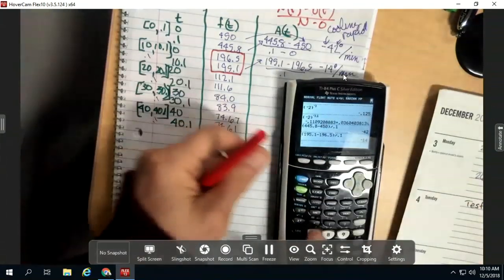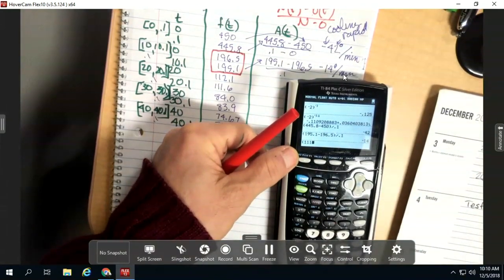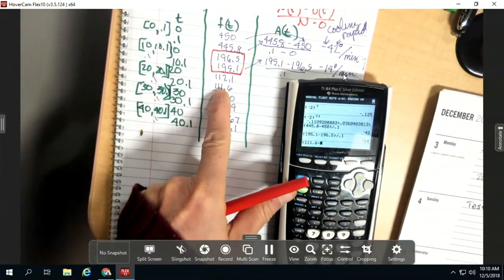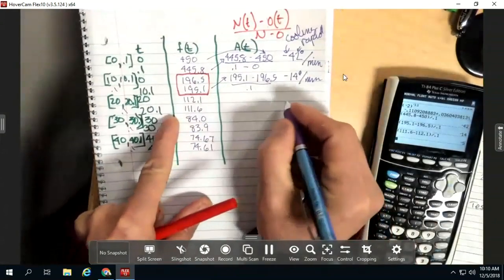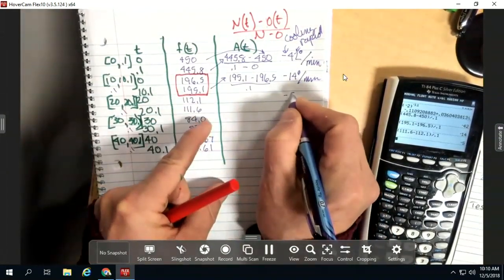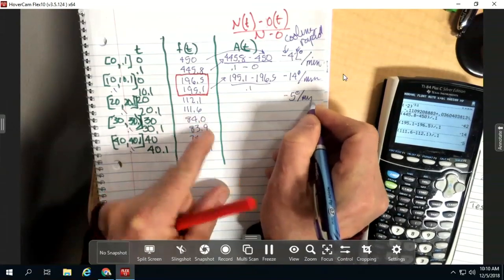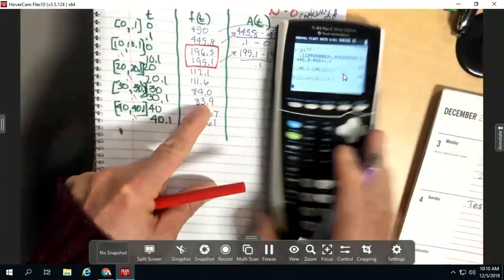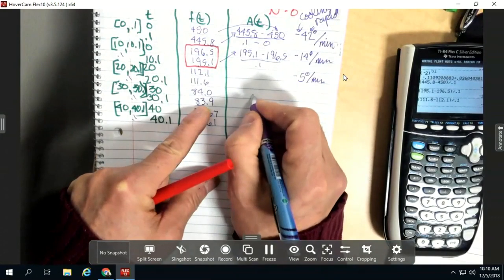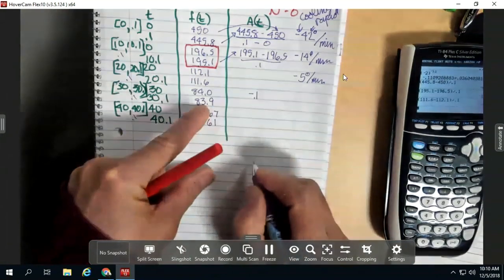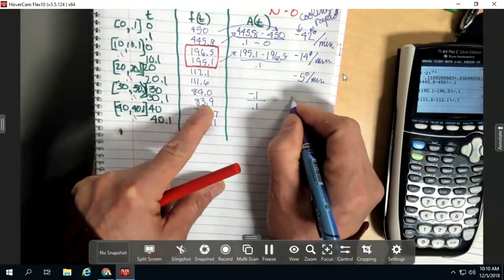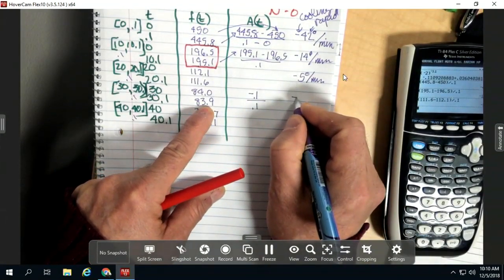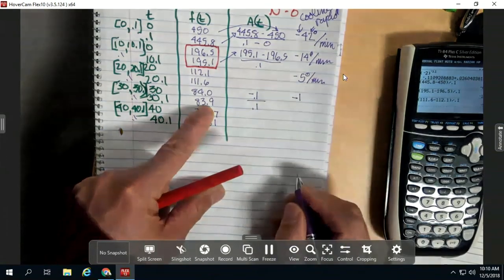111.6 minus 112.1 divided by 0.1, negative 5 degrees per minute. Next one, well, I don't even need a calculator for this one. It goes down 0.1 degree per 0.1 minute, which is negative 1, right?